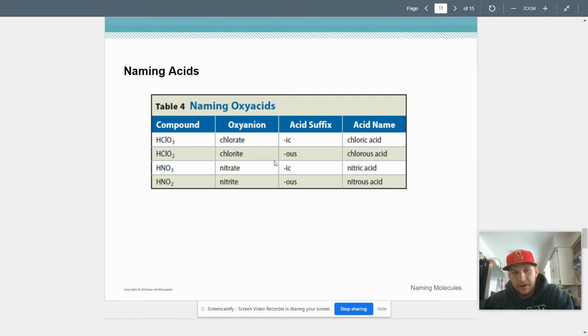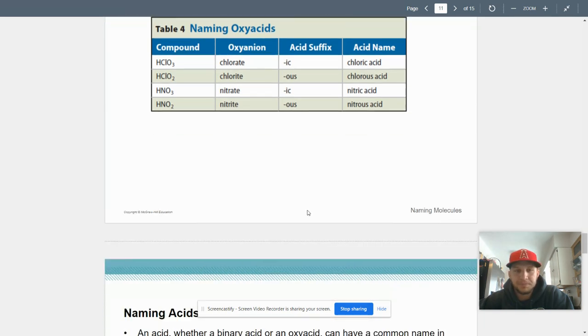And then right here we have the same example that we talked about before. We have nitrate, which goes to nitric acid, and nitrite, which goes to nitrous acid. So the big thing here is if we're ending with an ate ending, our acid will be an ic, so chloric acid, nitric acid. If it's an ite ending, we have the ous ending, so chlorous acid, nitrous acid. That's what all of these anions, when they convert to acids, are going to be called.